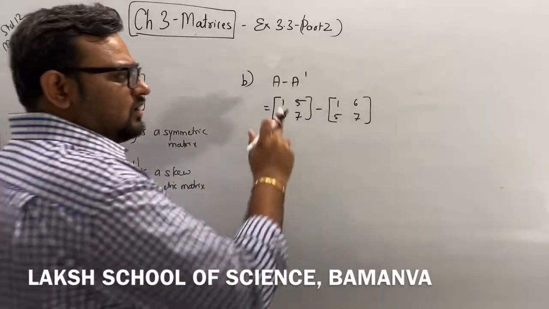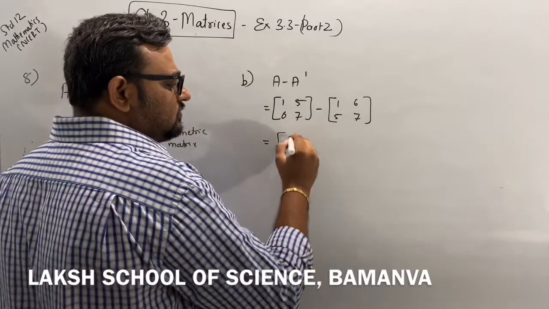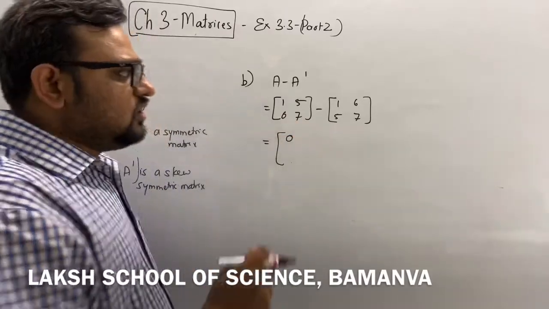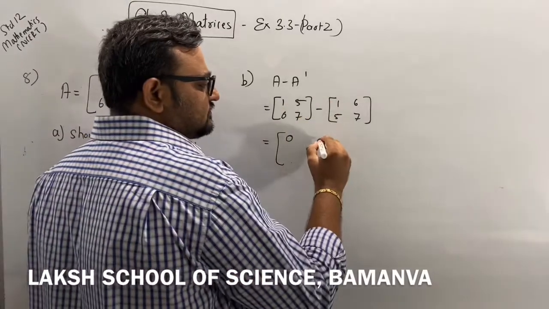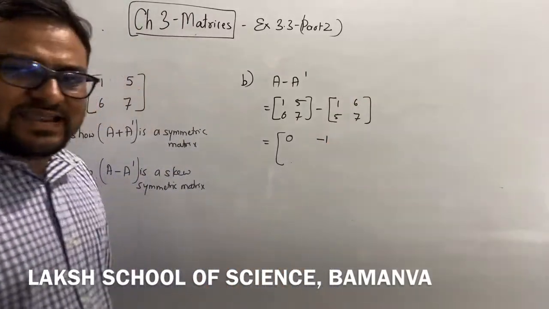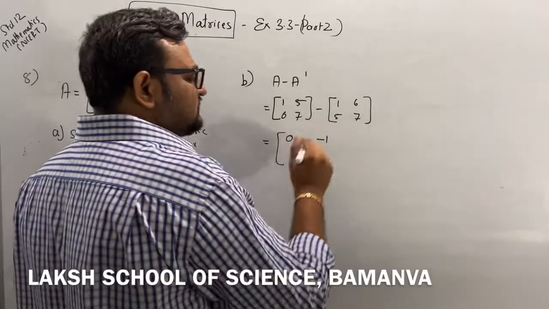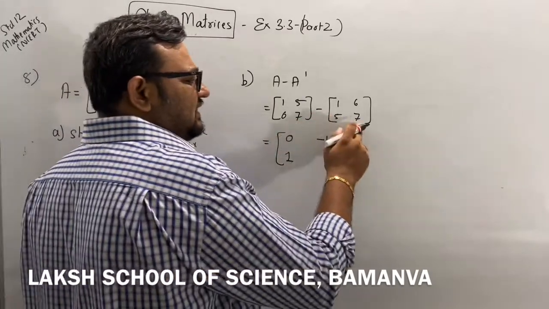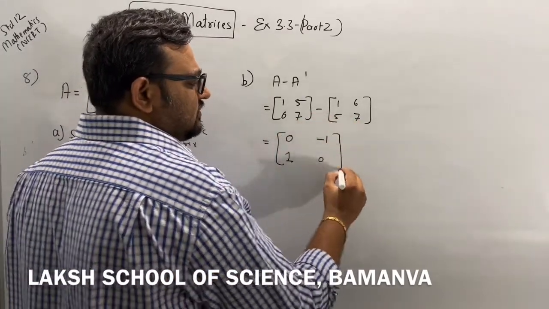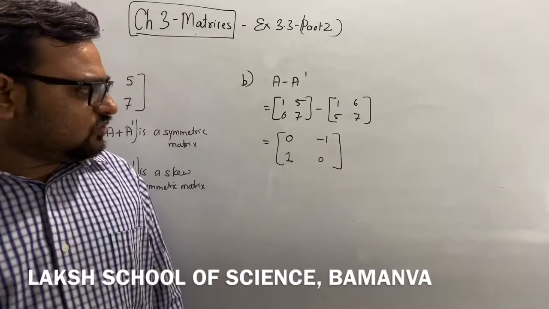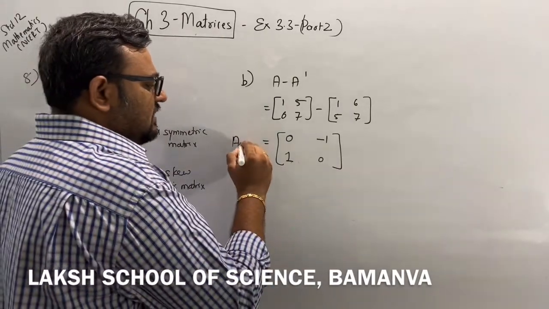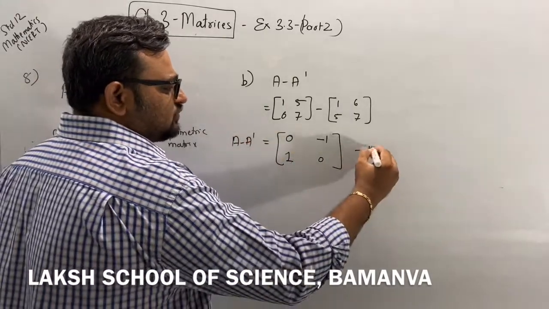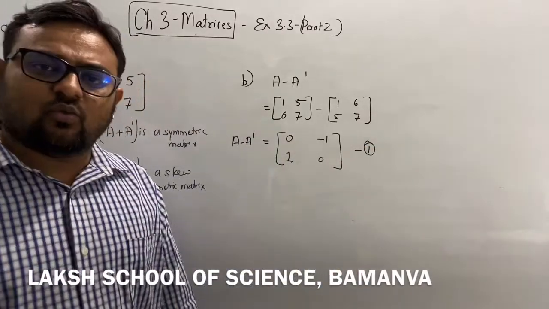Okay, so 1 minus 1, 0. 5 minus 6, minus 1. 6 minus 5, plus 1. And 7 minus 7, 0. Okay, so this is A minus A transpose, name it as 1.